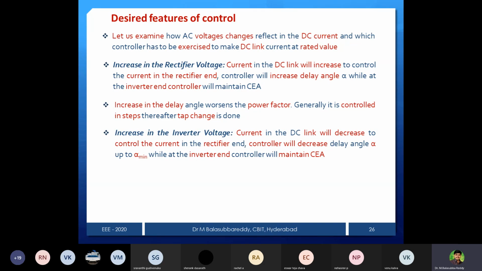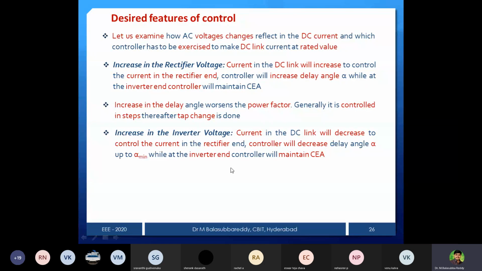Why did we increase alpha there, and why are we decreasing alpha here? Because the current has decreased, and to keep it constant you have to boost it up. For that reason alpha must be kept at a minimum, so that the voltage rises and maintains the current constant. And again the inverter side will maintain constant extinction angle.